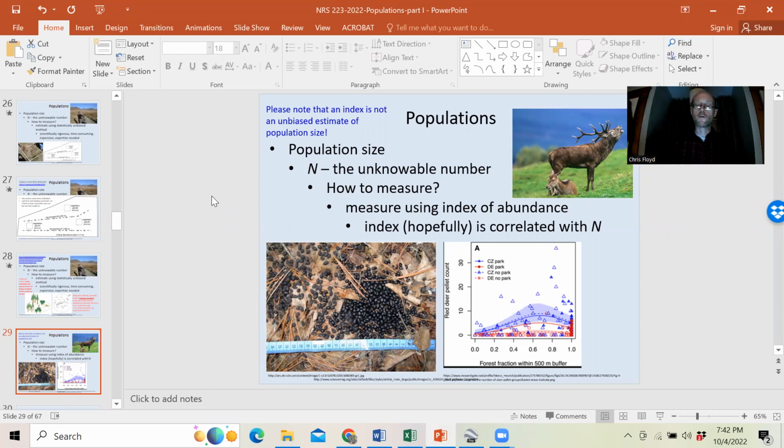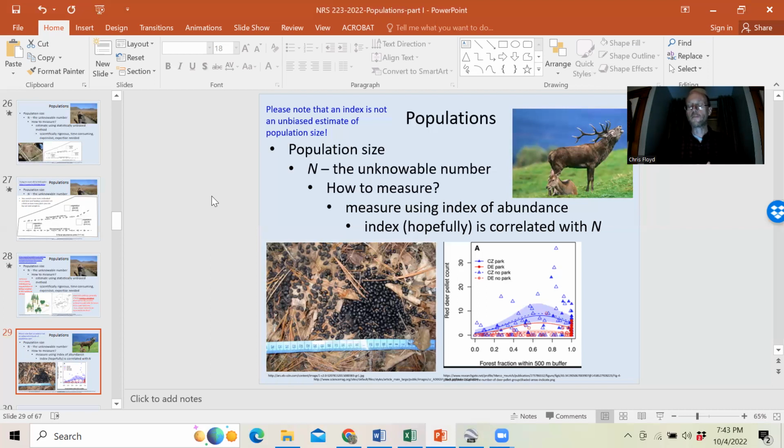Investigators in the future can go back and replicate your results, resurvey in the same way, in the same place, same time of year. You do it over and over again. What that's called is an index. So you can call it N if you want, but it's not really N.